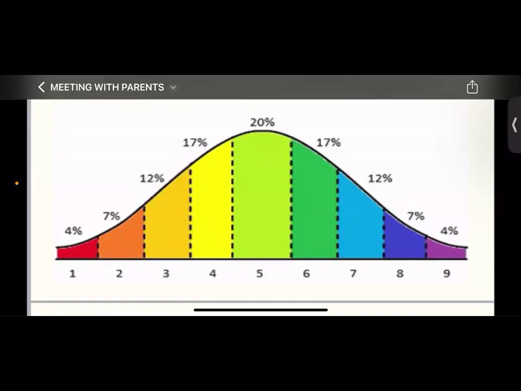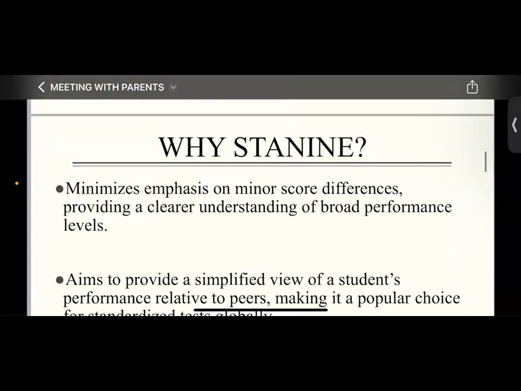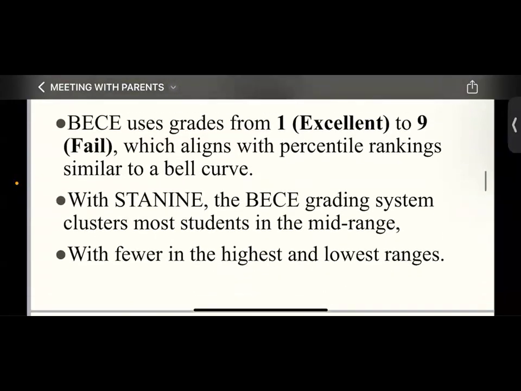That is how serious the Stanine is. If we were going to apply that 4% out of the 73 students or 72 students that we are preparing to go and write the BECE, it means that for every subject, only a maximum of 3 students can get a 1. So that's how serious the Stanine has been.